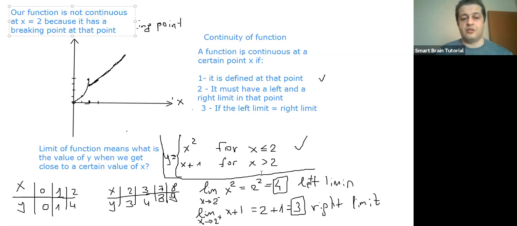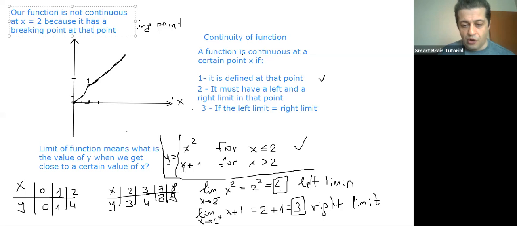The first condition is the function must be defined in that point. So what does it mean, a function to be defined? I could write here, let's say, x smaller than 1 and x greater than 3. So the value 2 is not included in the function. So the function is not defined at x equal to 2 if we get the values that I said before.